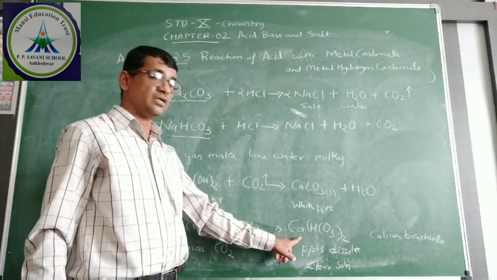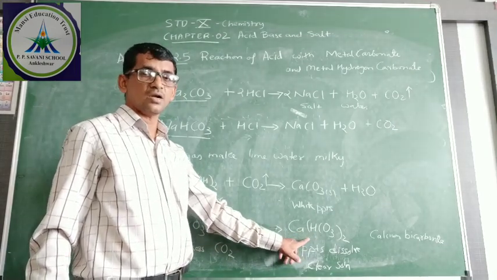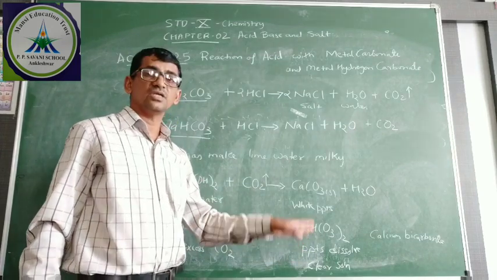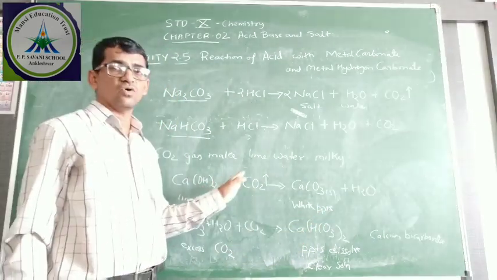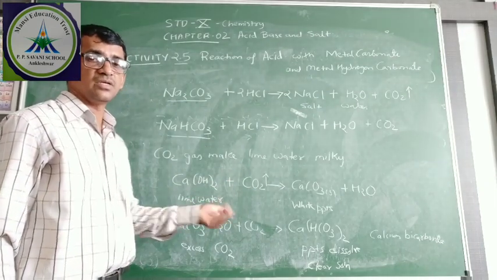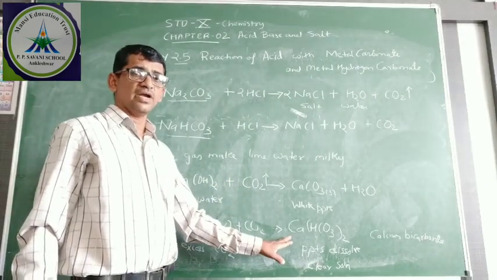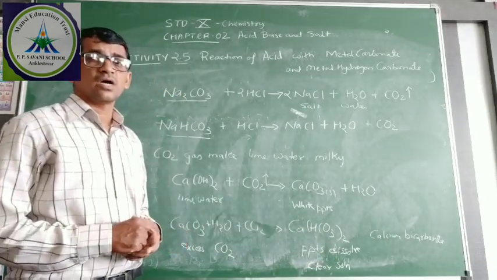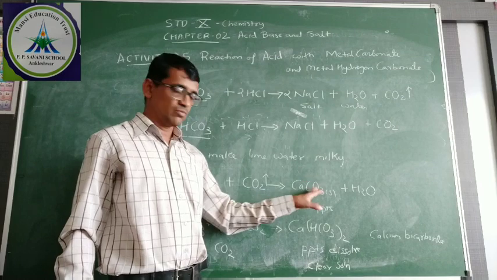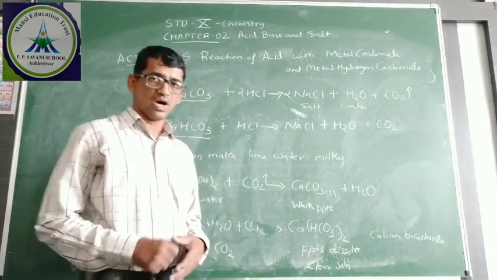Why? Because it is converted into calcium hydrogen carbonate, or bicarbonate. So first lime water turns milky, and that milkiness will disappear if you add excess carbon dioxide, which converts calcium carbonate to calcium bicarbonate.